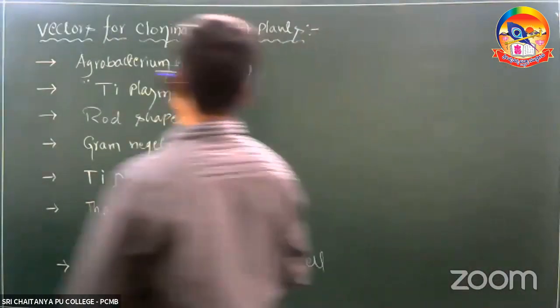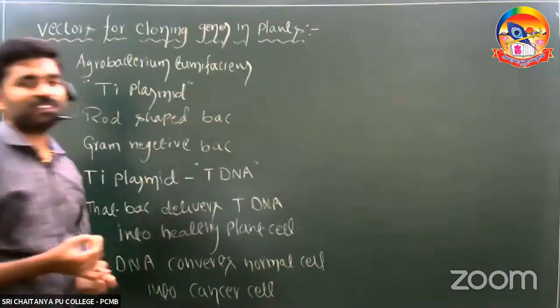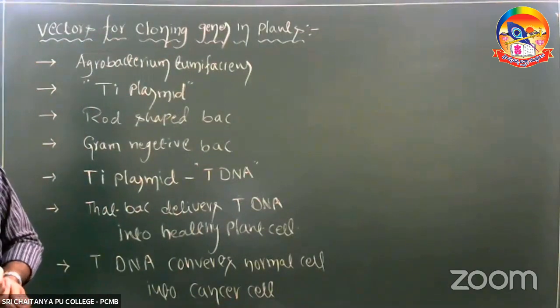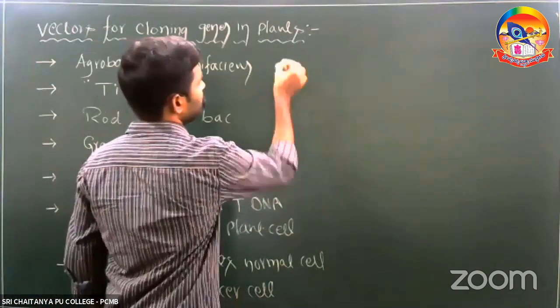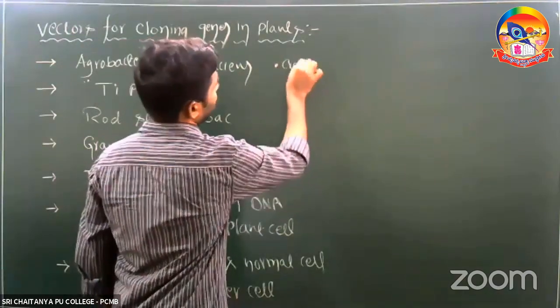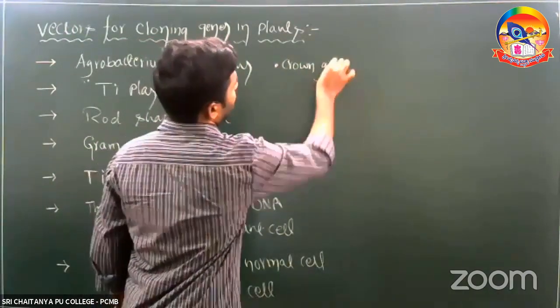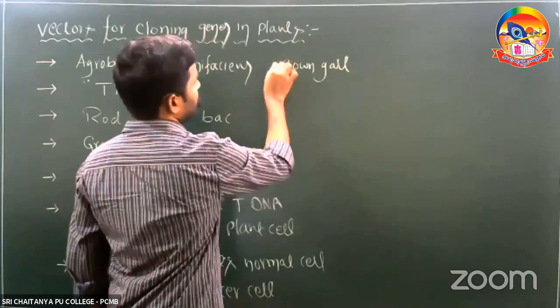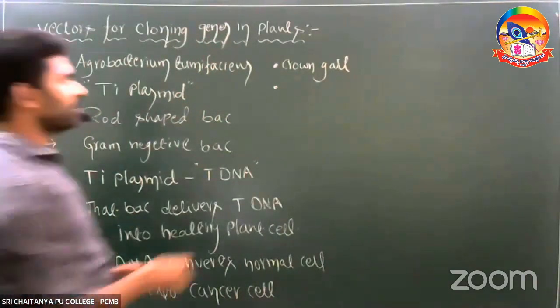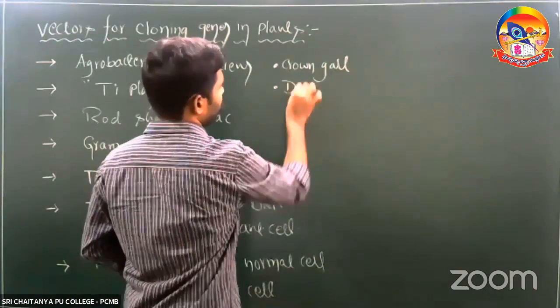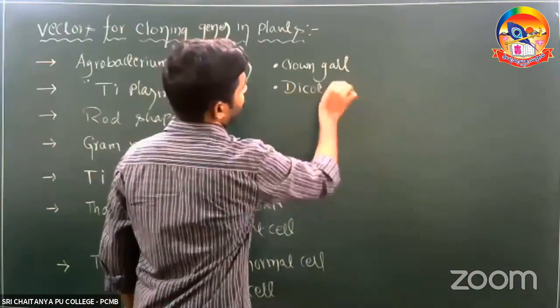But already we have some idea that Agrobacterium tumefaciens causes which disease? Crown gall disease. Especially in which plants, dicot or monocot? Dicot plants, several dicot plants, not in monocots.